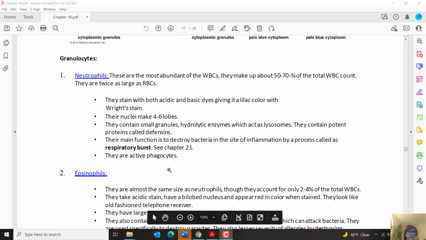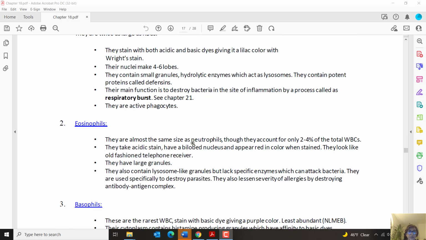When we look at eosinophils, they are almost the same size as neutrophils. They are not very abundant. They take the acidic stain, so they are red in color, and the nucleus looks like an old-fashioned telephone receiver. They contain lysosome-like granules, but they don't have the enzyme to attack bacteria.